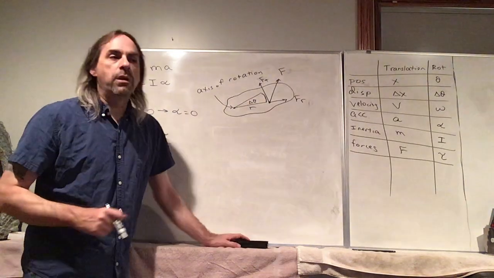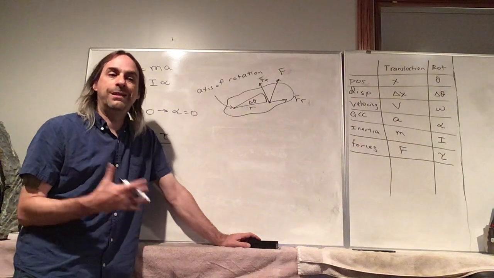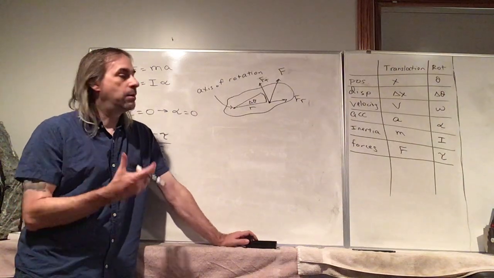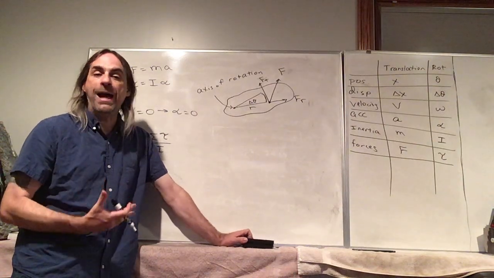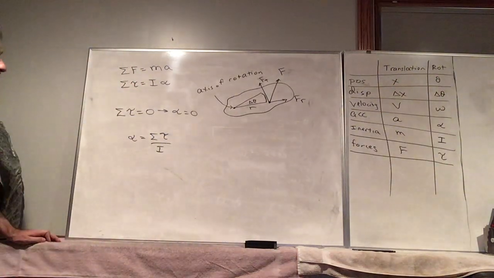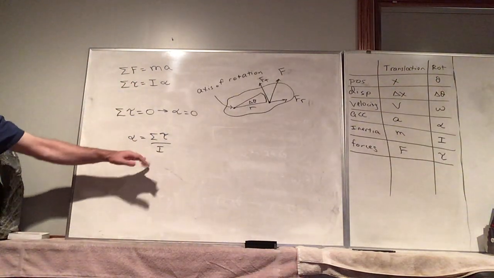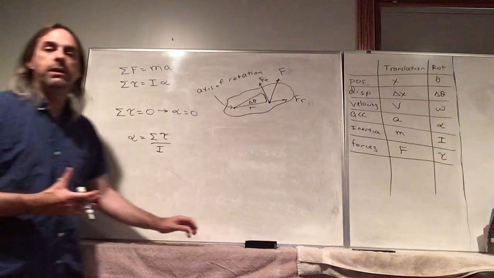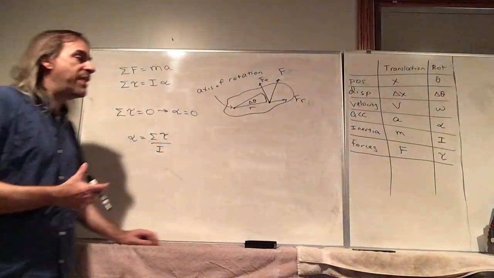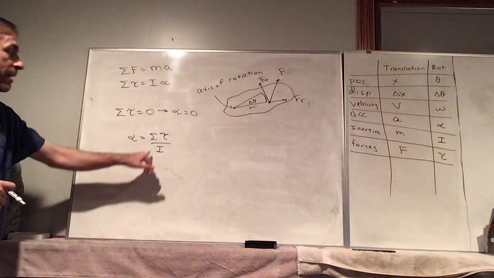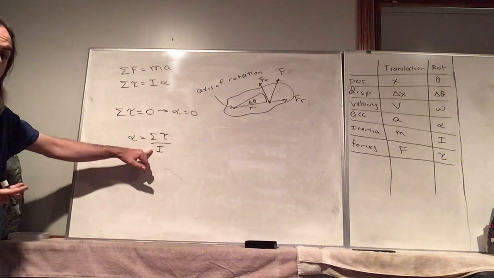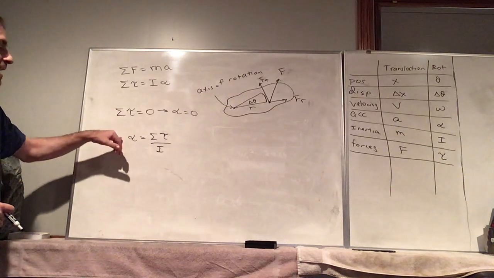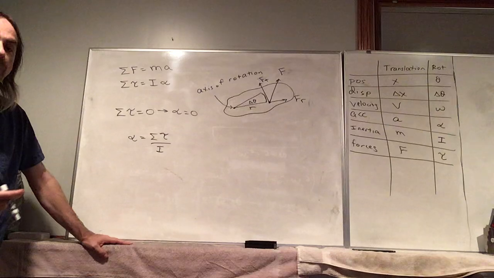And it's kind of nice writing it this way. I mentioned before that moment of inertia is kind of like the rotational equivalent of mass. We can see that that's the case here. Let's say we apply a fixed torque on an object. If that object has a large moment of inertia, we're dividing by the moment of inertia, and so we're going to have a small angular acceleration.